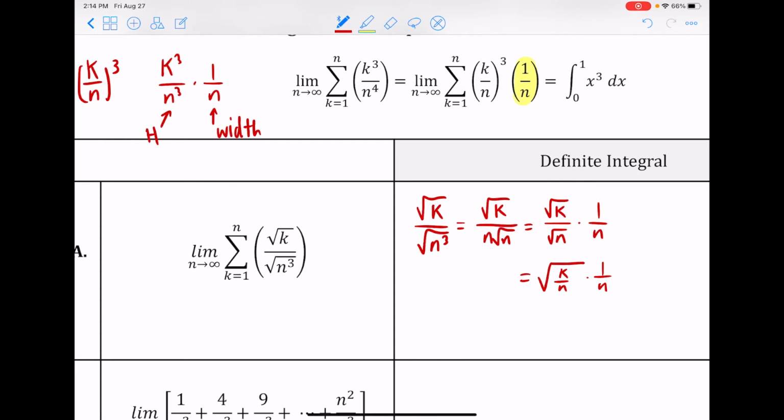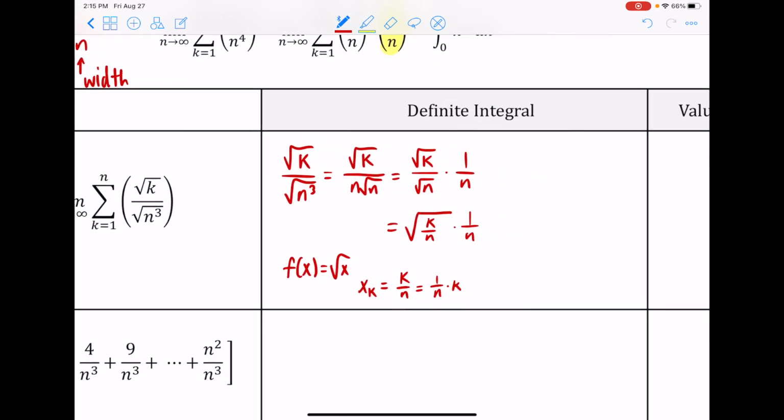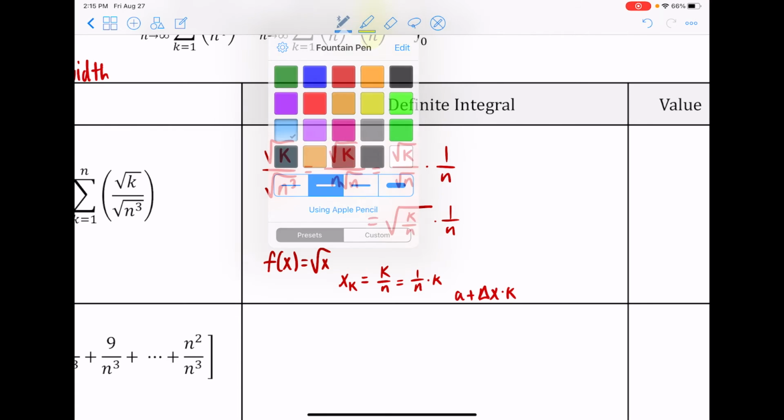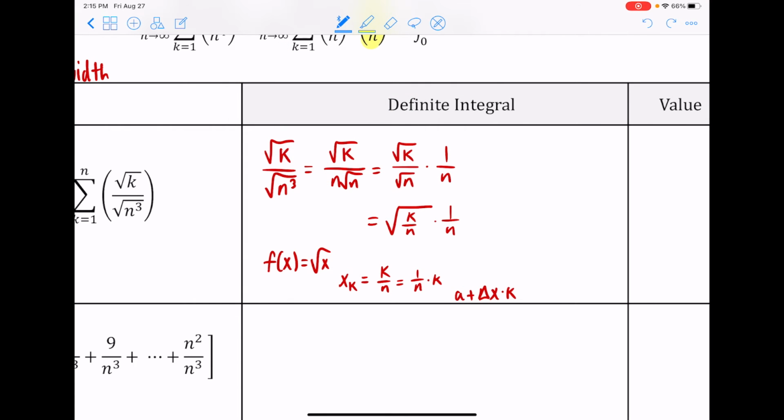It looks to me like our function here is f of x equals square root of x, right? And x sub k is k over n, which is really 1 over n times k. So 1 over n times k is really our a plus delta x times k, which means our a value here is 0, and our delta x is 1 over n, which we kind of already knew.